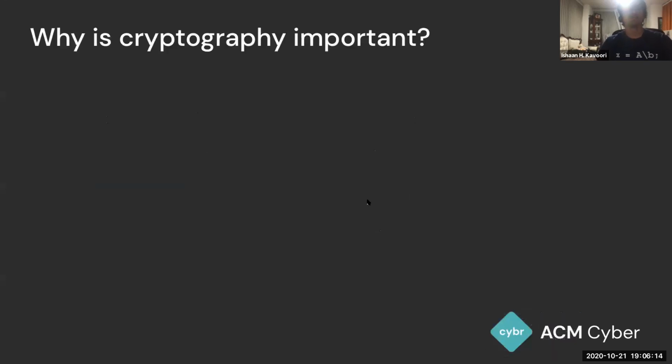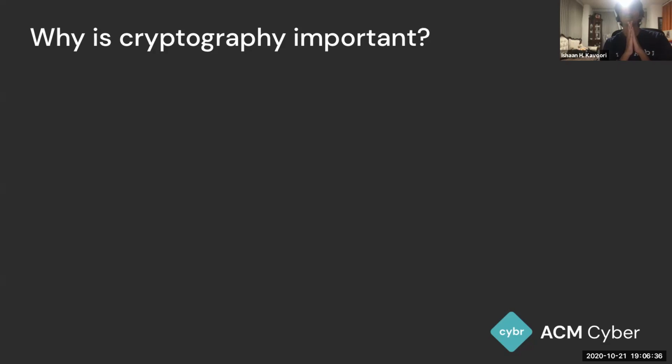Okay, so let's talk about why this is important. As you know, the World Wide Web exists. There's information going across the world, more than at any point in human history, basically. And all that information needs to be secure.